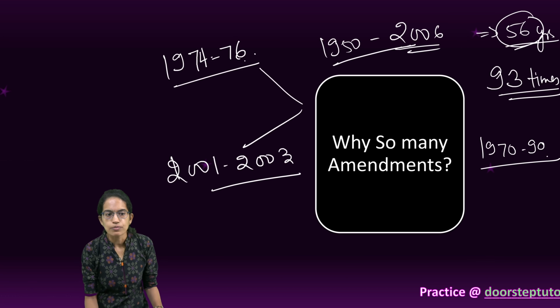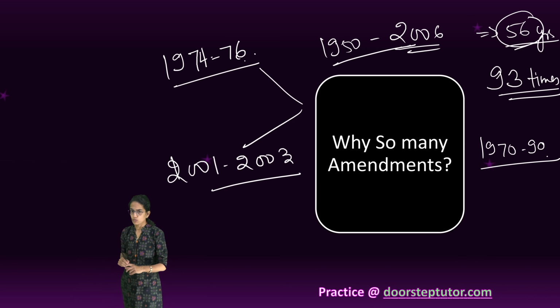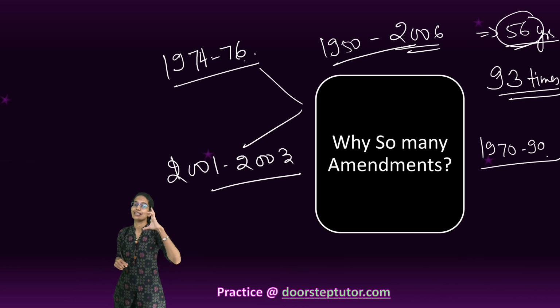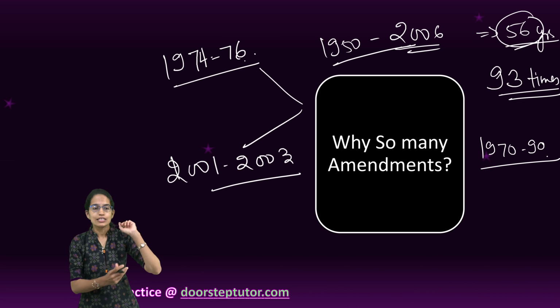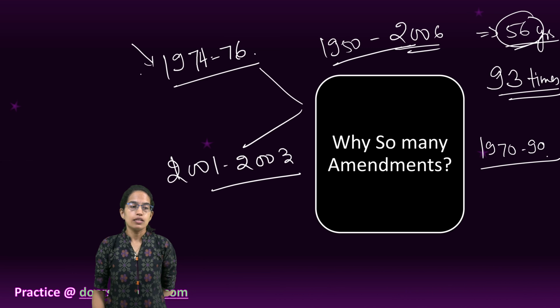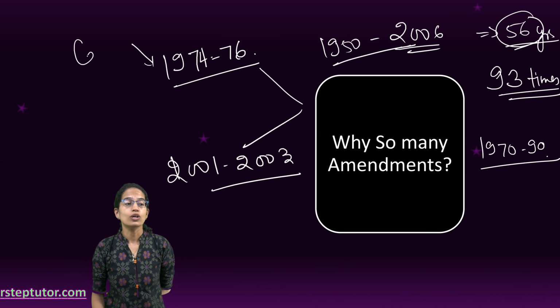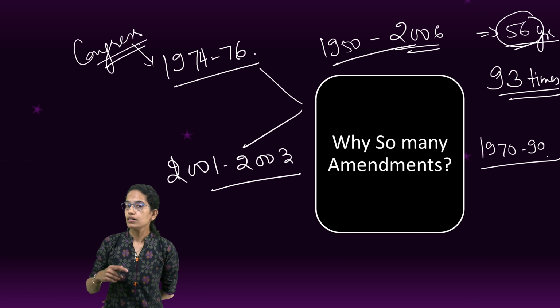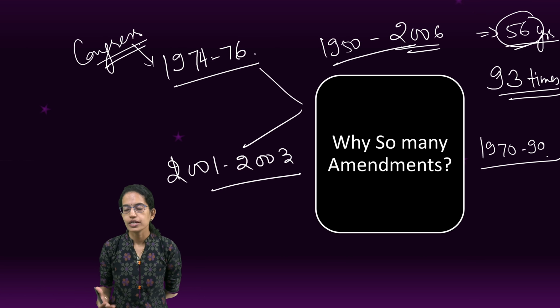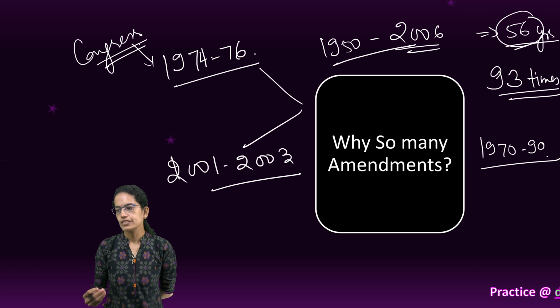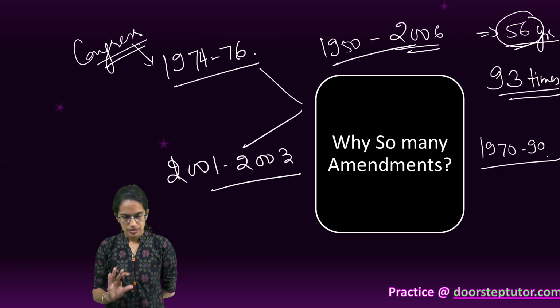The amendments from 1974 to 76 were a period that incorporated the emergency provisions, and the predominant reason was a Congress dominated structure, and the Congress had a huge majority. As a result, the amendments were easily passed. Clear?